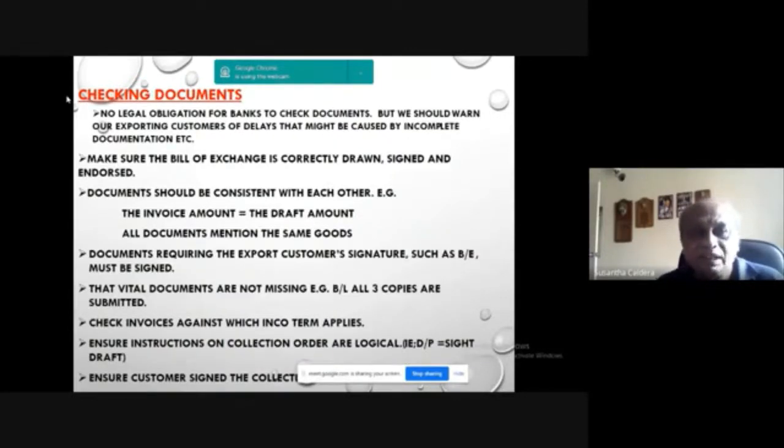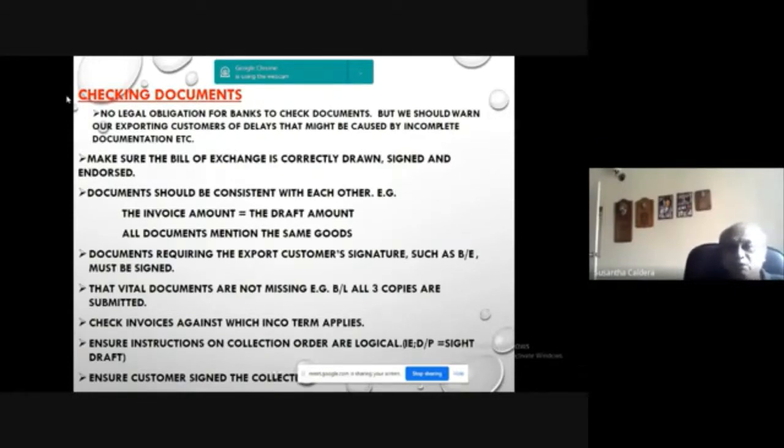Check the documents. There is no legal obligation for banks to check documents, but they should warn the exporting customer of delays that might be caused by incomplete documentation. Make sure that the bill of exchange is correctly drawn, signed and endorsed. Right? Documents should be consistent with each other.